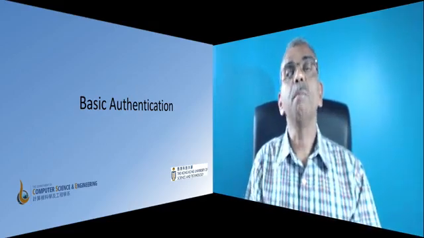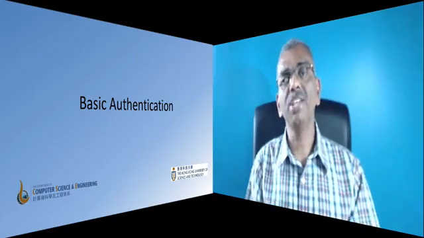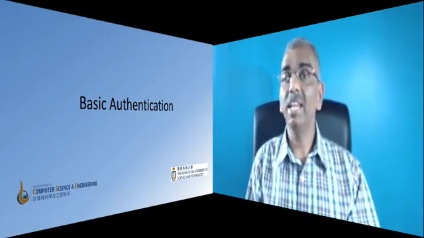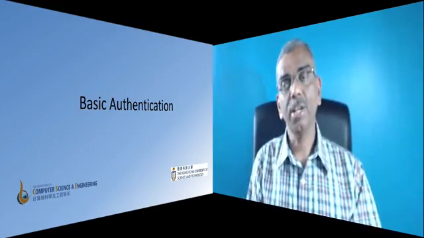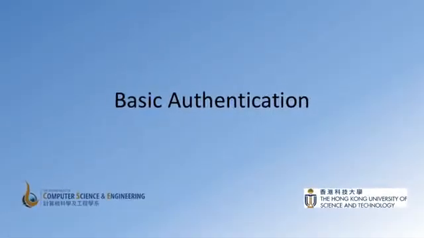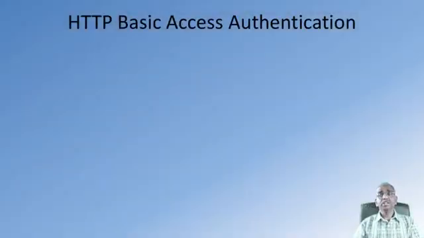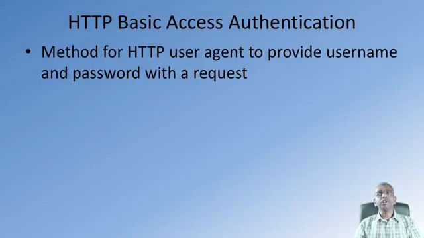Let's start with basic authentication, the very basic mechanism that will enable us to authenticate users. Basic authentication in HTTP is a very simple mechanism which will ask the user for a username and password to be submitted with a request. And there is a specific structure on how this information will be sent from the client to the server side.